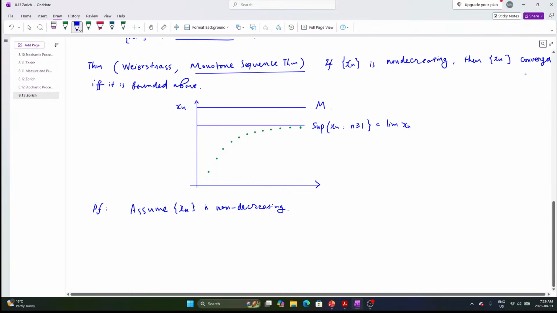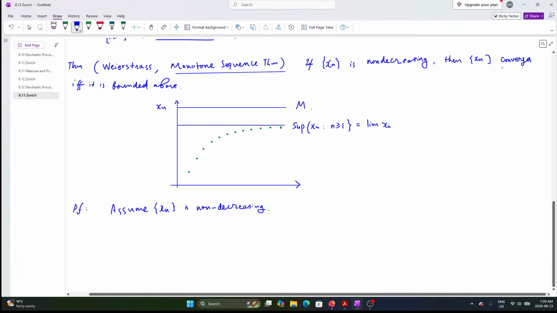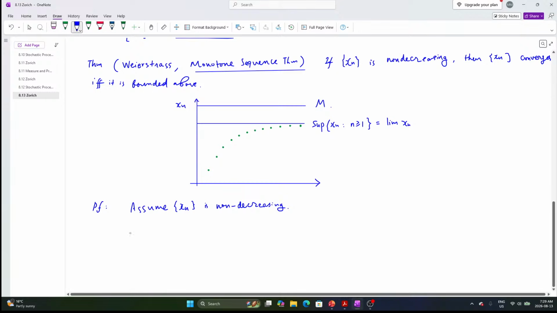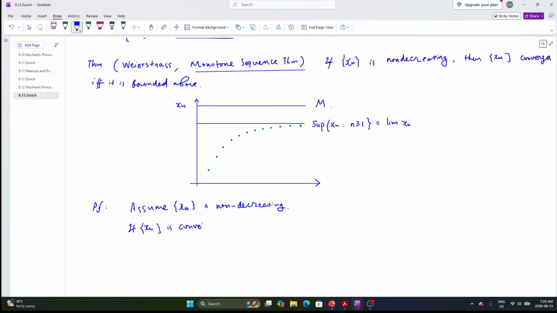One direction is trivial, because if xn converges, it is immediately bounded, so it is bounded above. Right? So yeah, let's just put that down. If xn is convergent, we already know xn is bounded and thus bounded above. That's it.